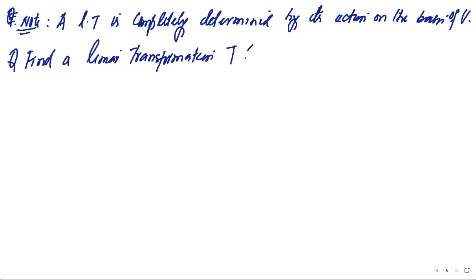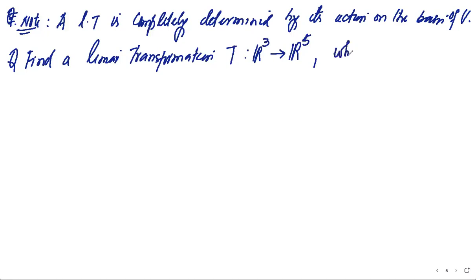T from, suppose, R4 into R3. Let's write R4 again. चलिए R5 लिखते हैं. Determine a linear transformation T from R4 into R5 which satisfies, चलिए ये 4 थोड़ा ज़्यादा बड़ा हो जाएगा. Let's write 3 here.